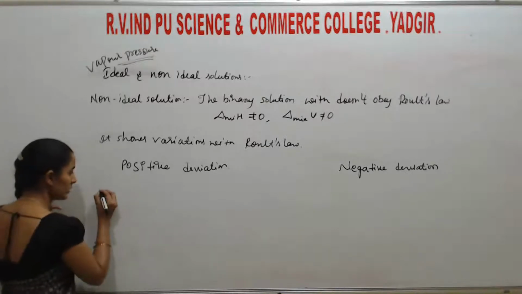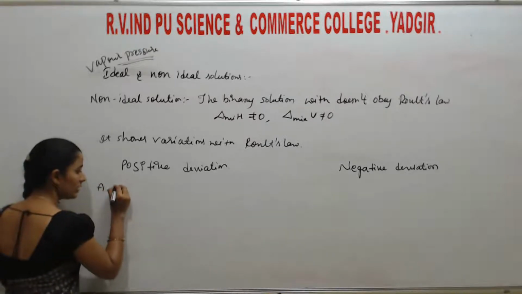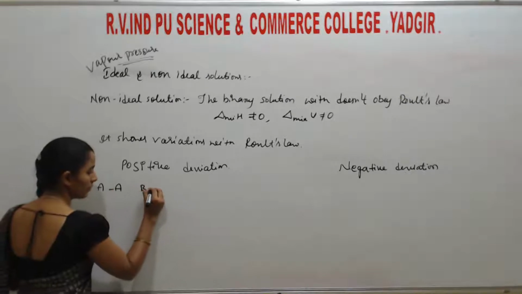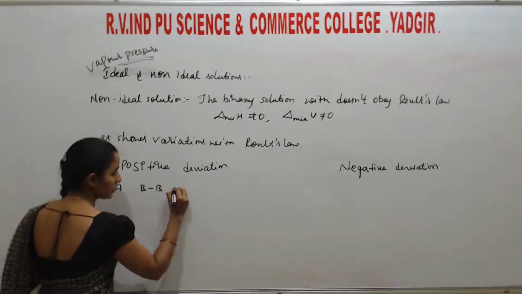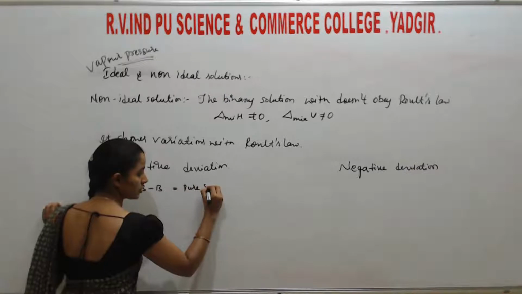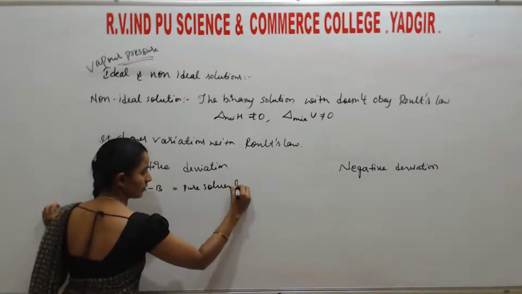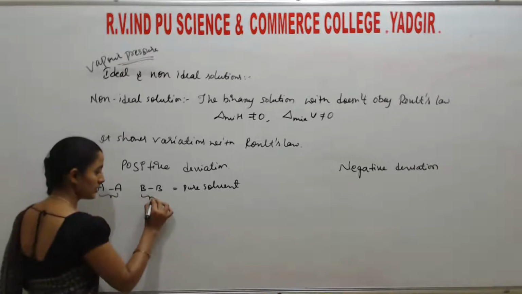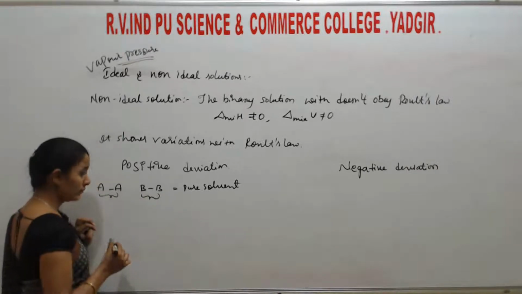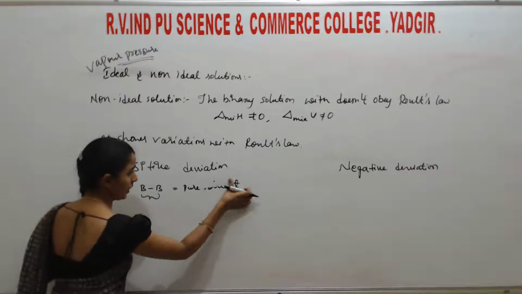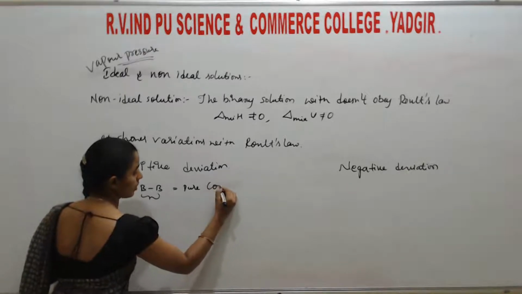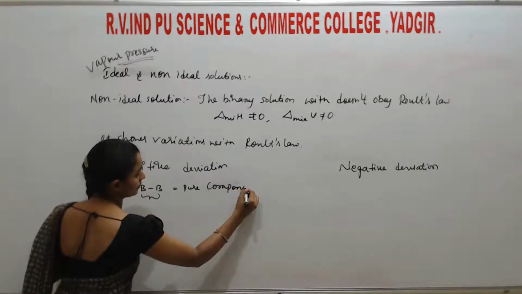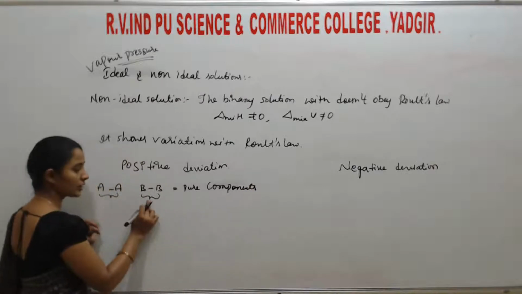How it shows? So listen, if AA interaction is there, BB interaction is there, these two are what? Pure solvents. Assume this is solute interaction, this is solvent interaction. Then I will take this one as pure components. One is solute, another one is solvent.